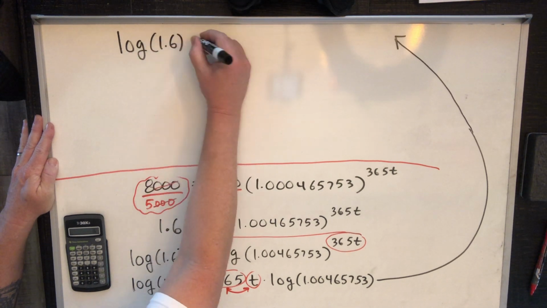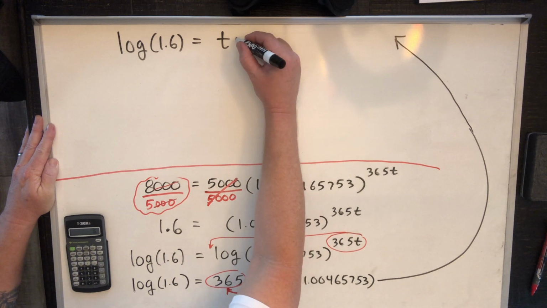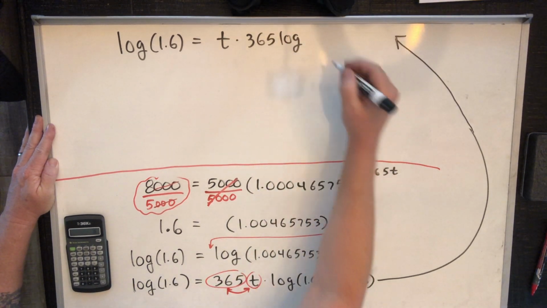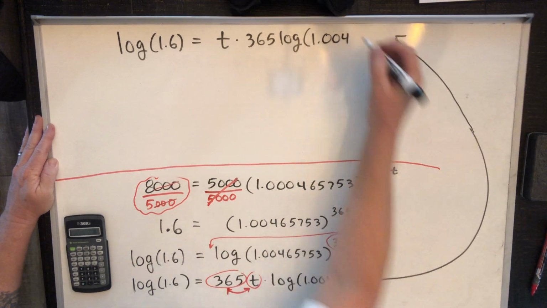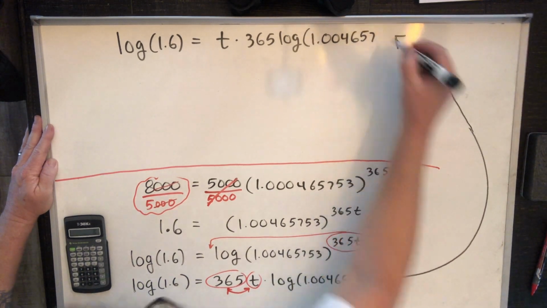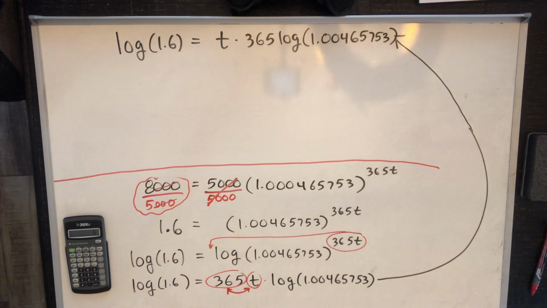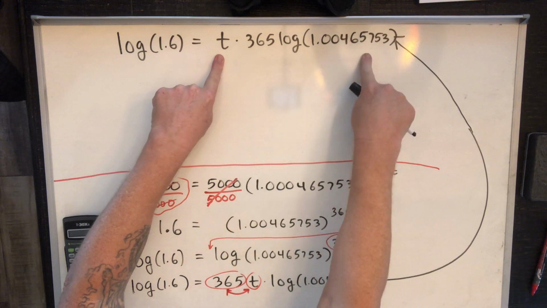Log 1.6 equals t, and then times 365 log 1.00465753. The reason why I'm doing that is because I want my variable and my constants to be separate.